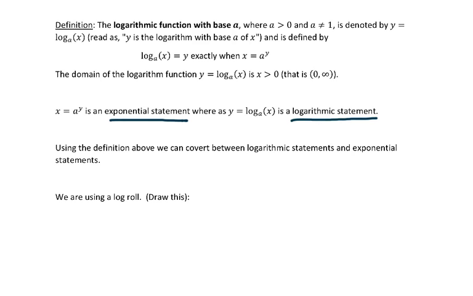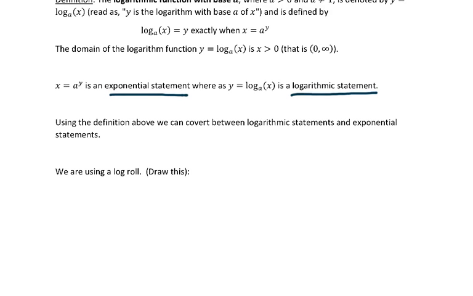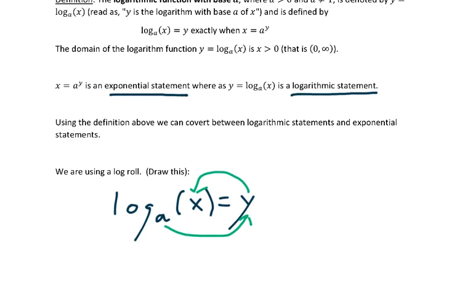Now, the definition is a little tricky, and I understand that. But there is something called a log roll that you can use. Namely, if we have log base a of x equal to y, this is the same as saying a raised to the y equals x.